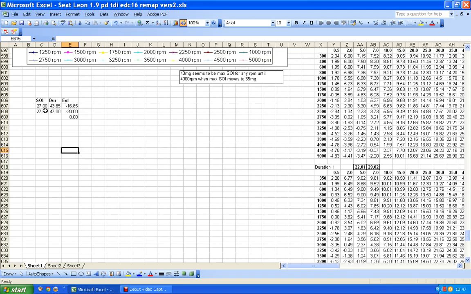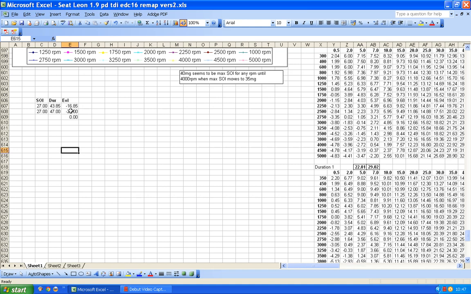Now you can see that if I'm not careful, I'm going to come really unstuck here, because if the designers thought that 27 and 44 there were okay, so that they could end at roughly 17 degrees and still get power, then that's okay. Now remember, at 17 degrees after top dead center, the piston is starting to go down before the combustion stroke is even pushing it down. Now obviously the engineers have worked out that that is just about okay there.